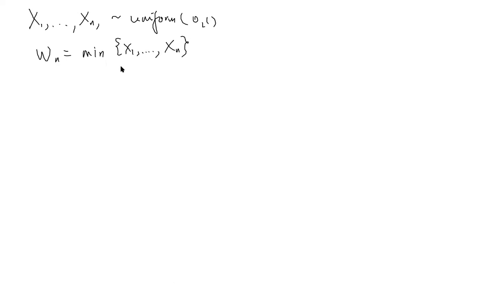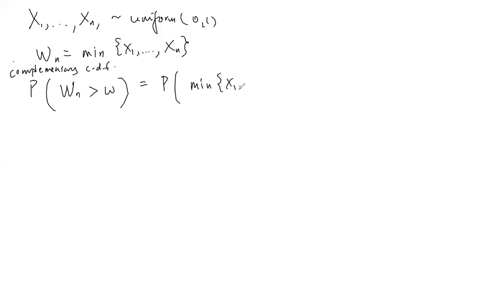Now for minimum, instead of starting with the CDF, we start with the complementary CDF. So we ask ourselves, the complementary CDF is defined as the following. Now, what is the reason for doing so?